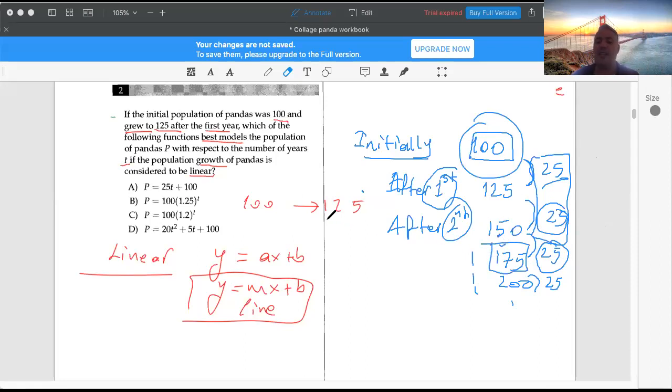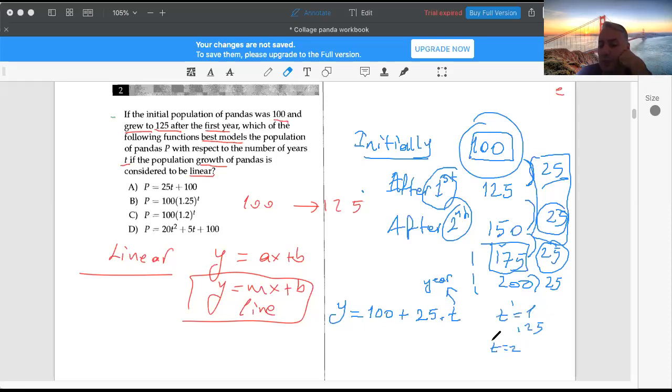So it is clear that at the beginning I have 100, and then each year, if I call the year t, it's getting 25 extra. When t is 1, it will be 125.